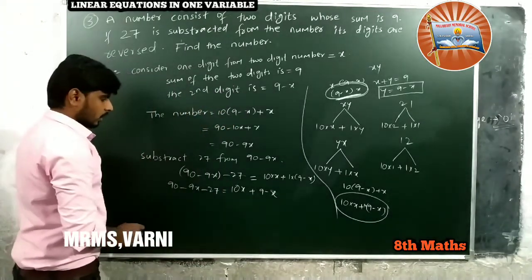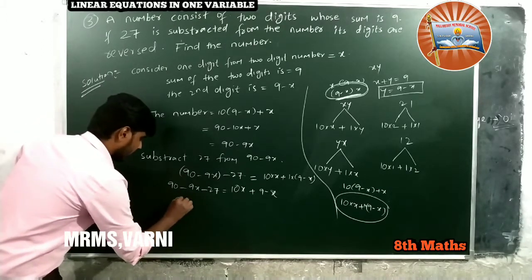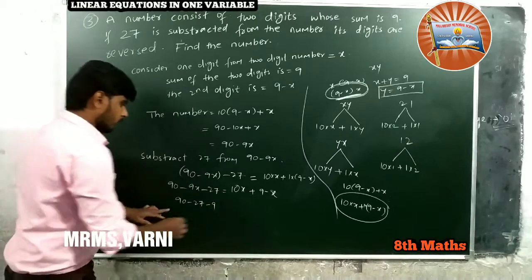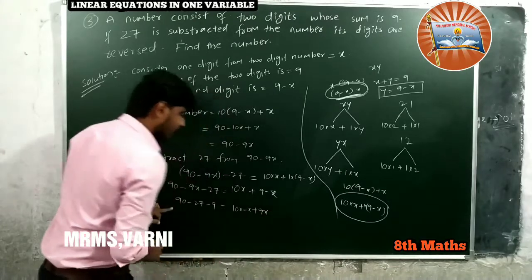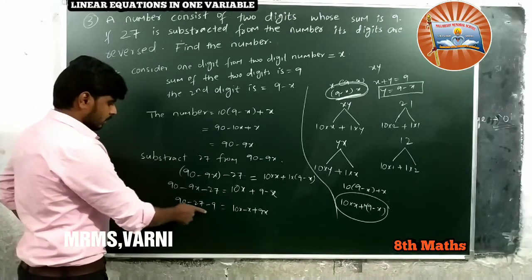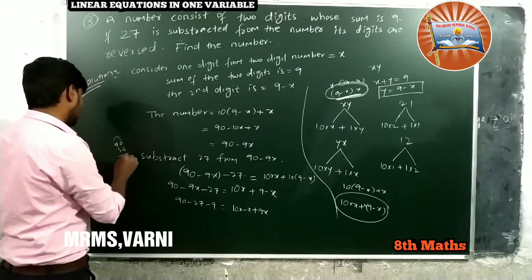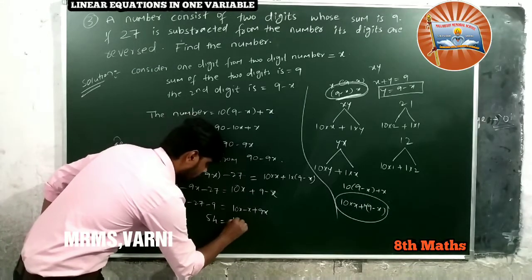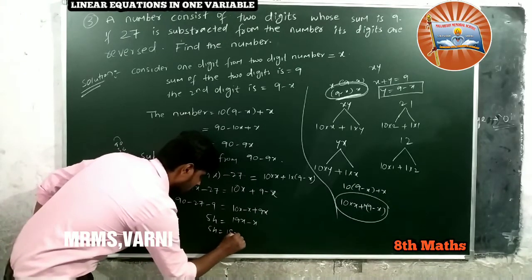Right. Now bring the x terms to one side and the constant terms to one side. So 90 minus 27 minus 9 is equal to 10x minus x plus 9x. Now what becomes? 90 minus 36, that is 54, and this one is 19x minus x, that is 18x. So 54 is equal to 18x.